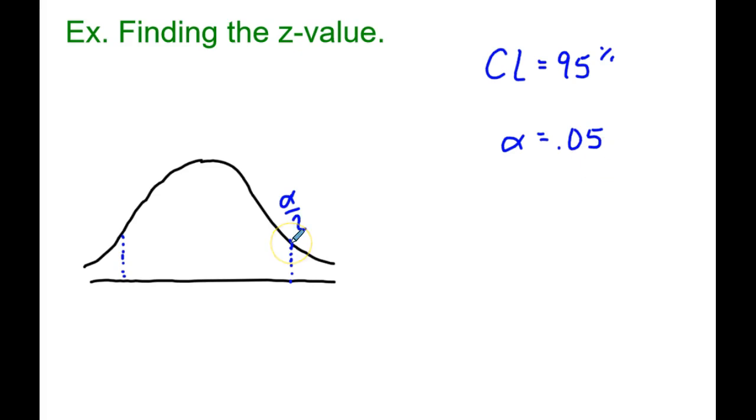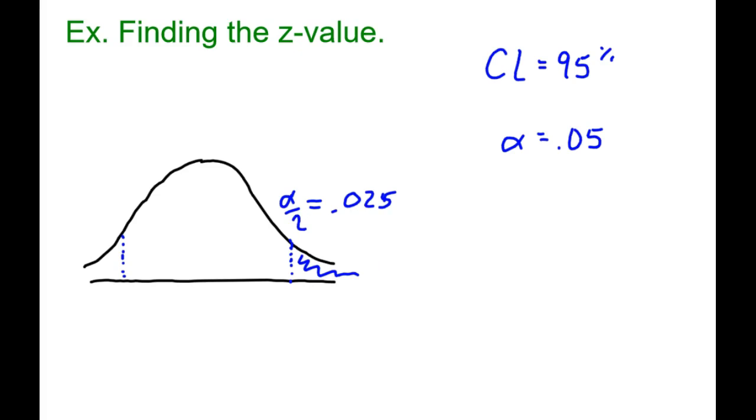We said alpha over 2 would be represented on either side of our main region because this is symmetric. If we know our value of alpha is 0.05, that means if we take alpha divided by 2, or 0.05 divided by 2, we would get 0.025. So that represents this region over here underneath the curve.